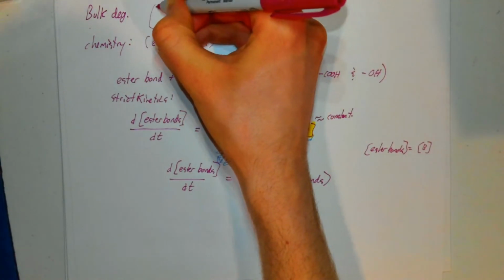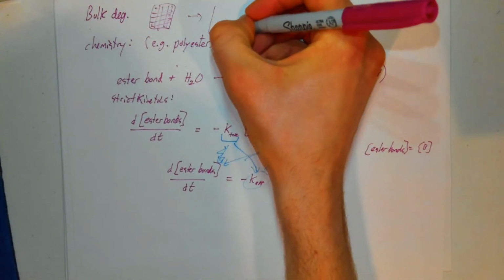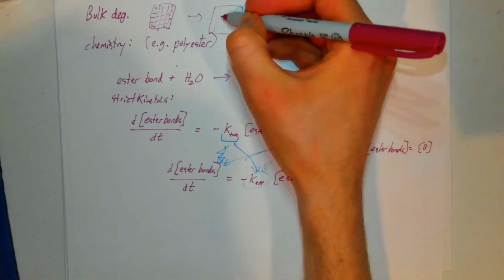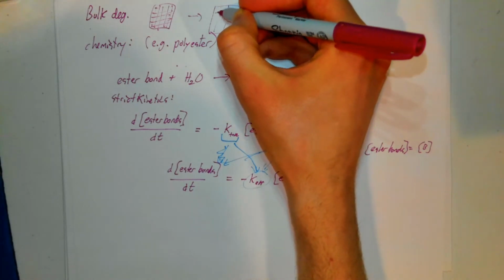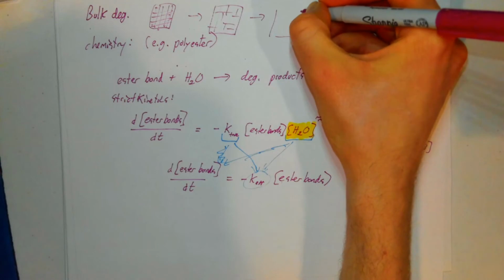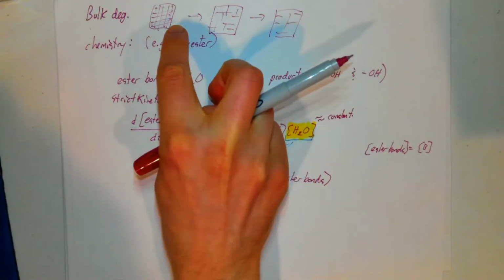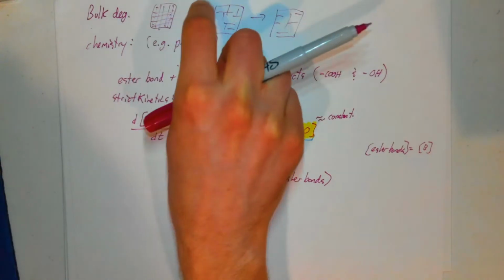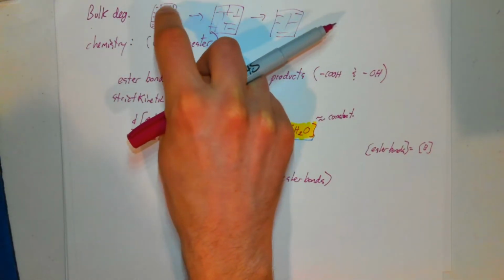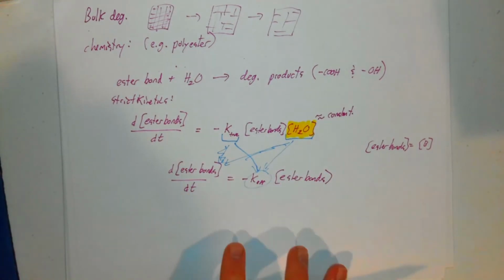If you remember, we had this chunk of material, all of it bonded. As time goes on, it stays the same volume, but some of the bonds within it are breaking, and at later times there are even fewer of those bonds left over. So the volume remains constant, water can diffuse freely through it and react with any of these bonds at any given time. So this is a process that's spatially uniform.